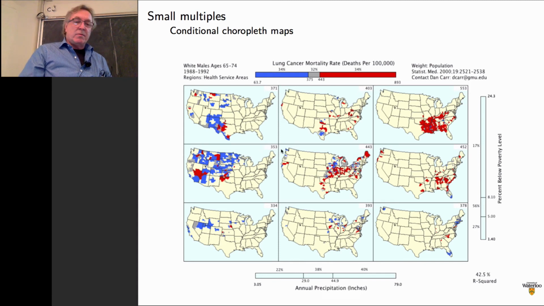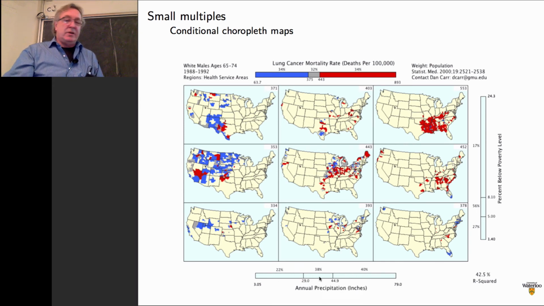The 9 different micromaps are because we divided these into 3 columns according to this variate. This variate at the bottom here is a slider that has annual precipitation in inches, so rain or snow: low precipitation, medium precipitation, the middle 38%, and the top 40%. So these are not evenly placed.